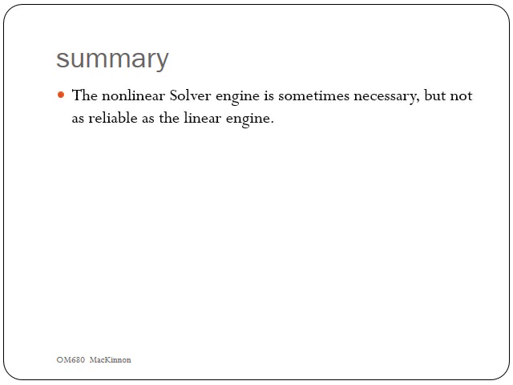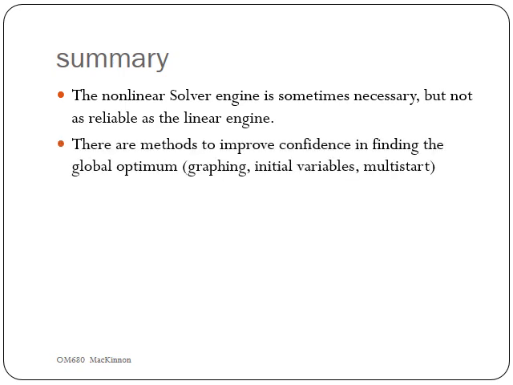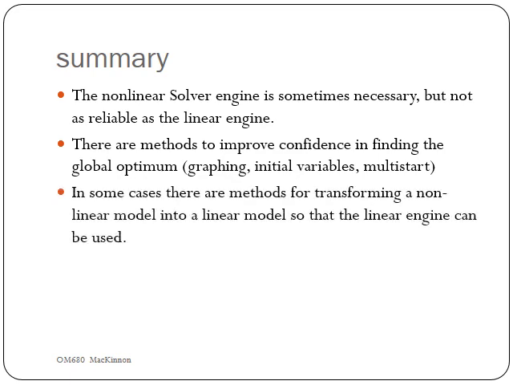Okay, in summary, the nonlinear engine is sometimes necessary, but it's not as reliable as the linear engine. There are some things that we can do to improve the confidence in finding the global optimum, such as doing a sensitivity analysis and graphing it, starting with different initial variables, or using Solver's multi-start option. In some cases, there are methods, as we've just seen, for transforming a nonlinear model into a linear model so that the linear engine can be used.